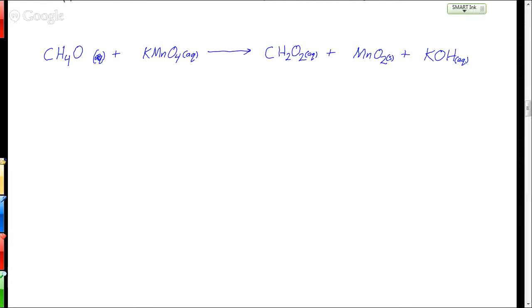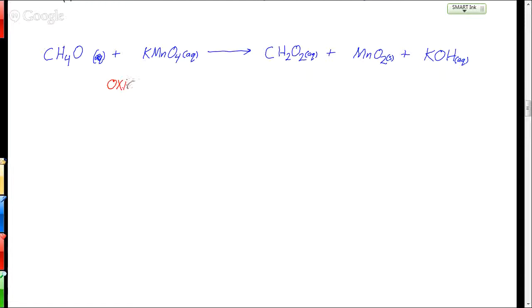So this is the oxidation of methanol. Methanol is oxidized by potassium permanganate to make formic acid. And I believe the byproducts are manganese 4 oxide, which is manganese dioxide, and potassium hydroxide.